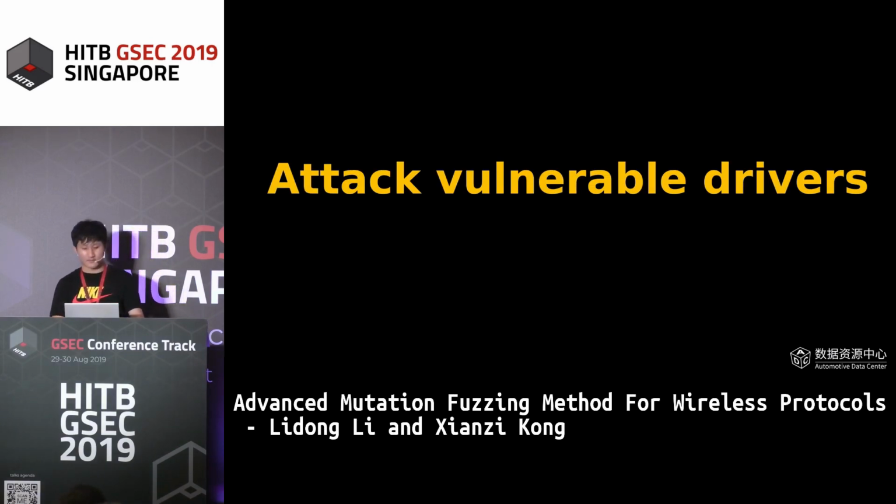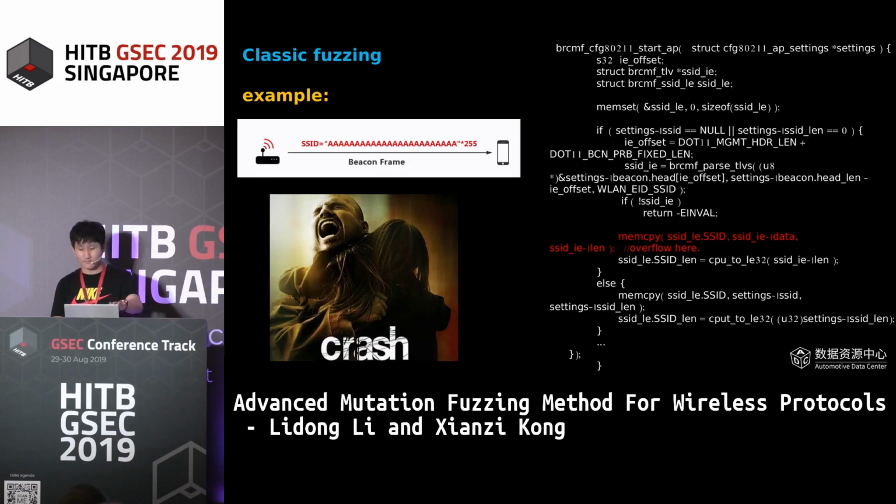Secondly, attacking vulnerable drivers. Take SSID information elements as an example. The SSID info supports up to 32 bytes and a minimum of 0 bytes. The entire protocol supports a maximum of 255 bytes.